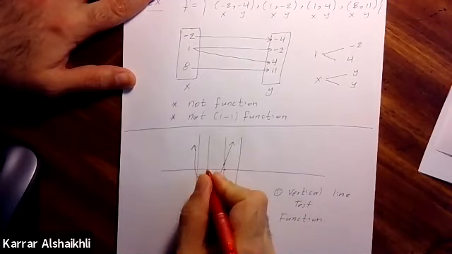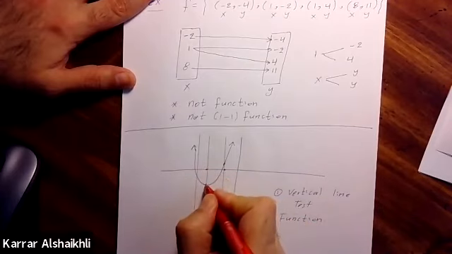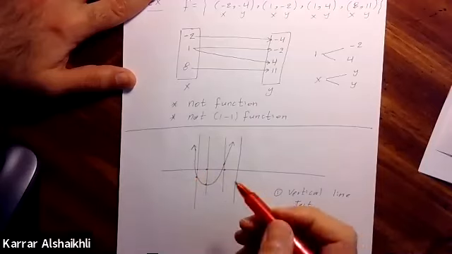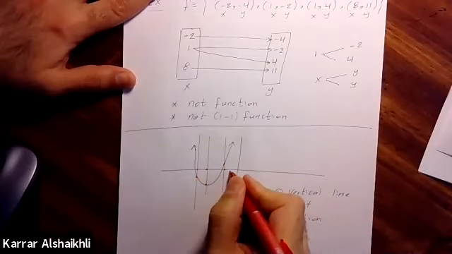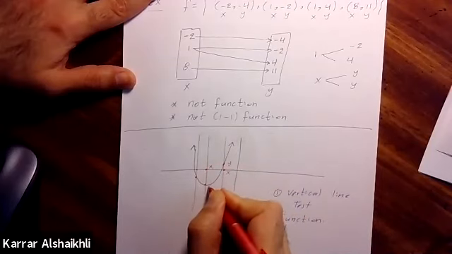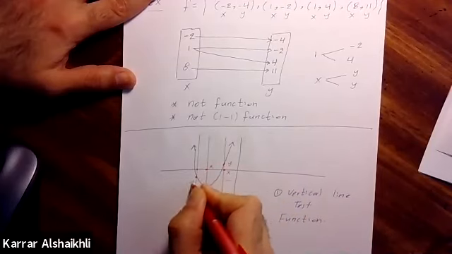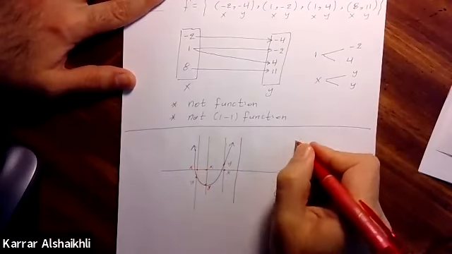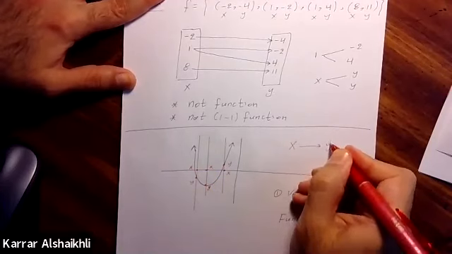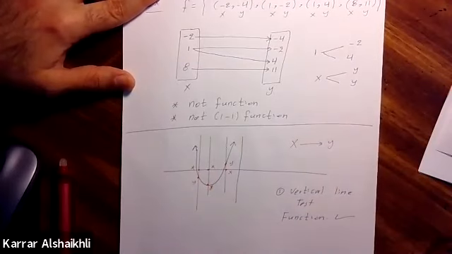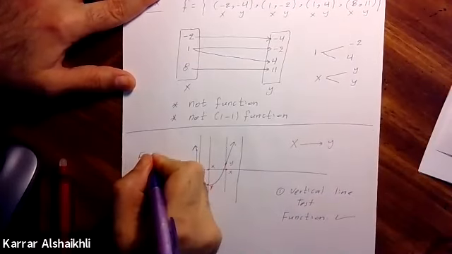This x here goes to 1 y. That means every x goes to one and only 1 y. So in this case, this is a function. This one, we're just gonna write down function.